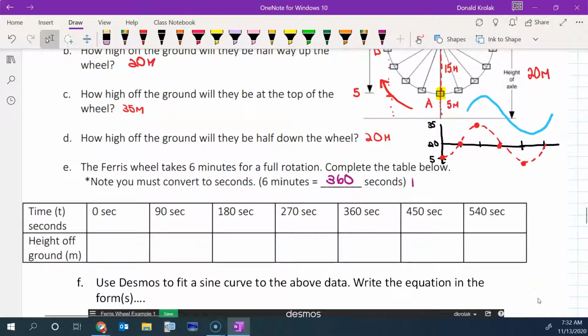So our period is 360. Then what I'm going to count by, I'm going to divide that into 4 parts like we did when we graphed these guys. 90.